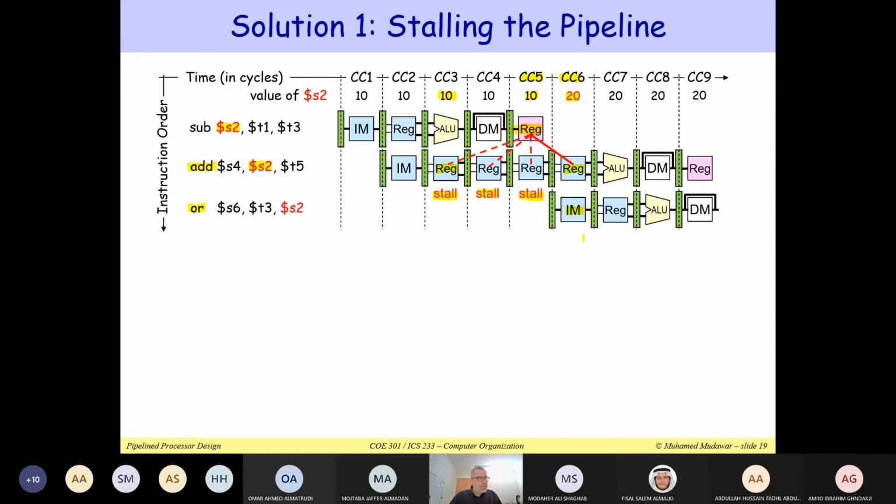The OR instruction is going to remain in the first stage of the pipeline, and we are not going to advance the program counter. The add instruction is in the second stage, so the OR instruction that comes after it will remain in the first stage for 3 cycles.